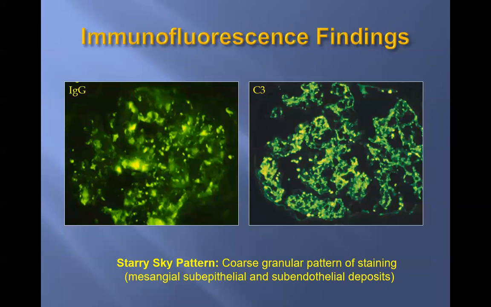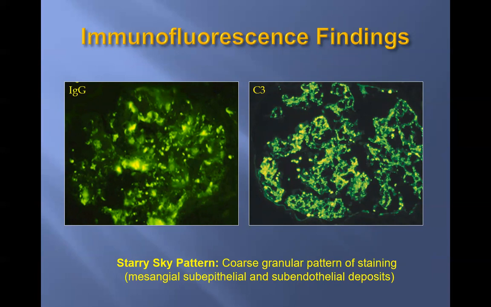Now, when we do immunofluorescence, you can see a granular pattern. This is C3, this is IgG. Both of them show a granular starry sky pattern. This is typically known as starry sky. One thing I must tell you: when we do immunofluorescence microscopy, we have to have a dark room, so much so that we paint the wall black and close everything.